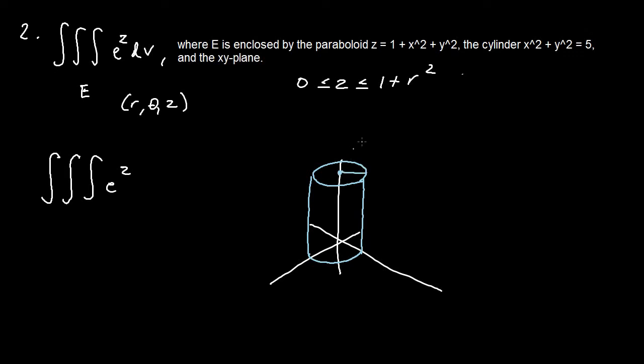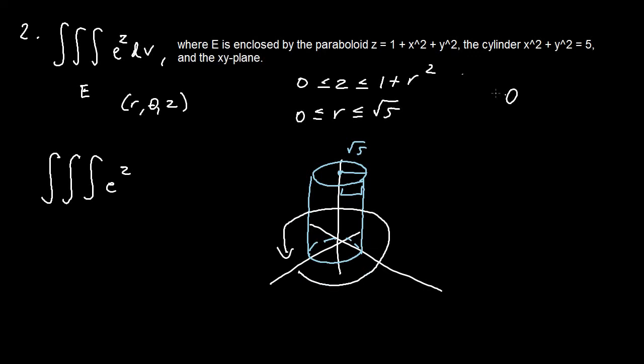Notice r ranges from 0 to square root of 5. And since all the points on the cylinder range from 0 to 360 degrees, or 0 to 2 pi radians, then we can say theta goes from 0 to 2 pi. So those are our bounds.